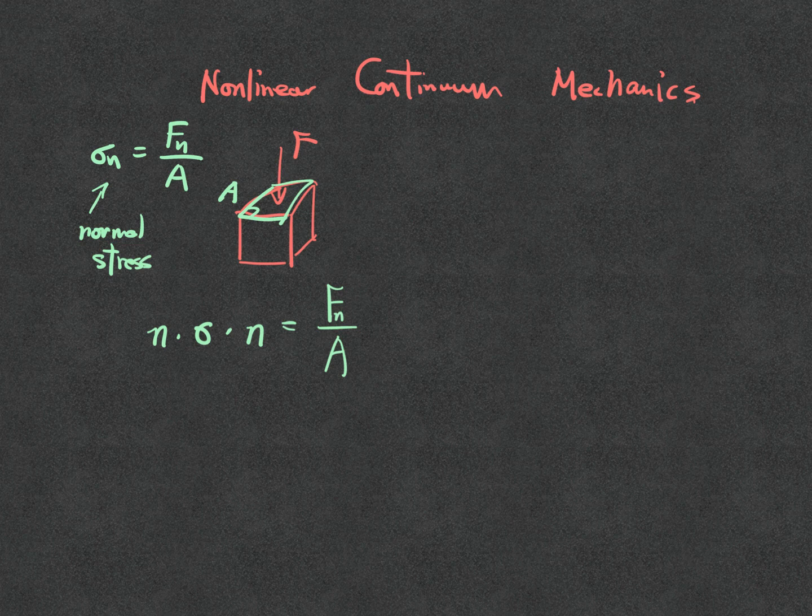Now I want to ask the next question. If the material is very soft, imagine that I apply the force, but the material is very soft, for example a rubber, or actually I apply a lot of force on the elastic material so that it deforms significantly.